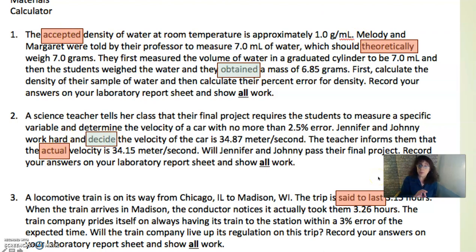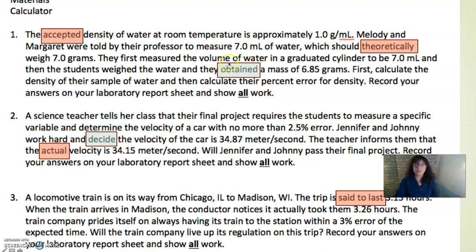Now, I really hope that you will go through the PDF and go back and forth, because these reddish areas are the accepted values, the standard values, the theoretical values, the actual values. And in green are some of the vocabulary for your measured values.